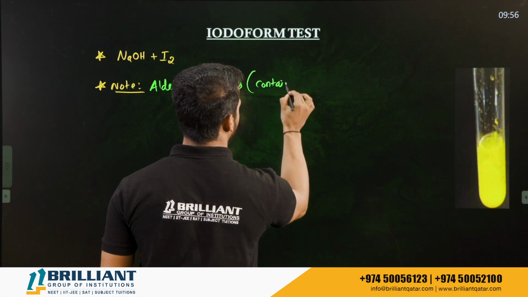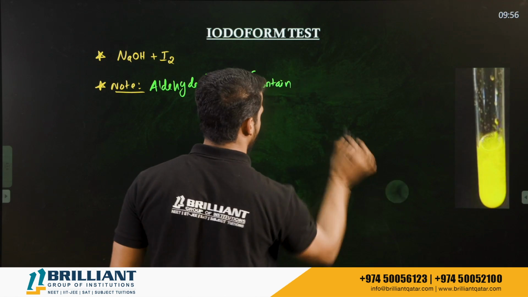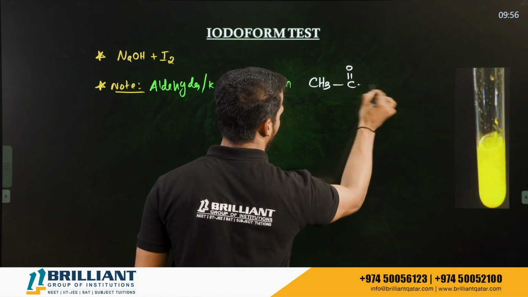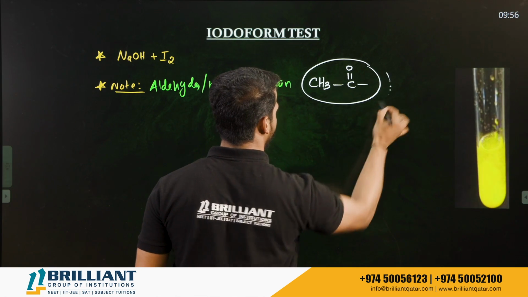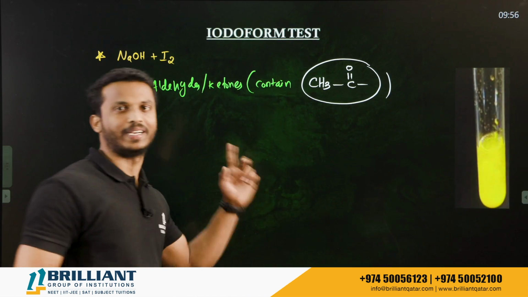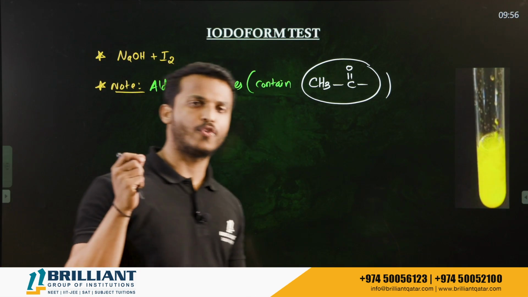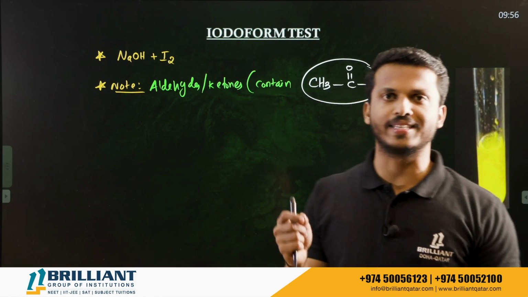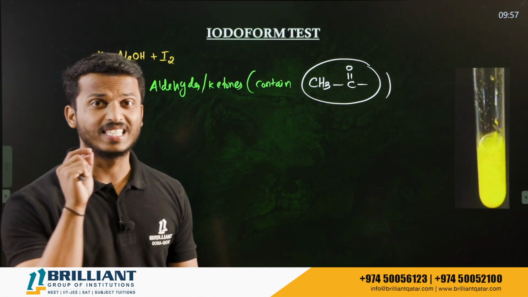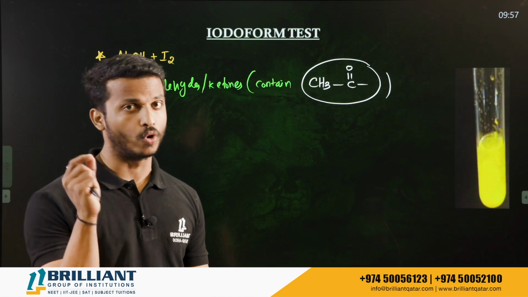Keep in mind this group: CH3 C double bond O. If this group is there in the aldehyde or ketone, then it will give the test. So iodoform test is given by aldehydes and ketones, but they must contain this special group, the CH3 C double bond O group.